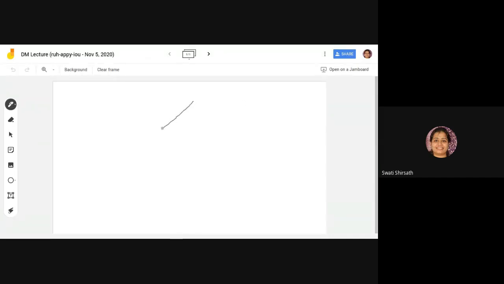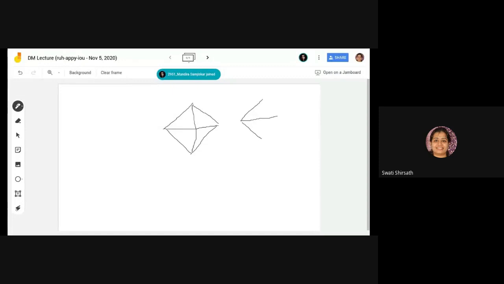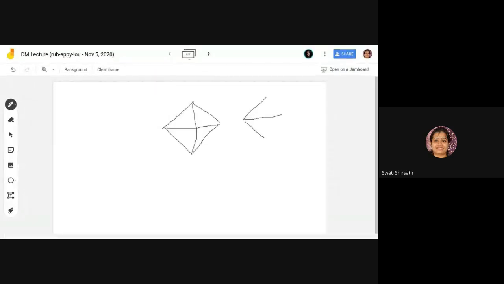Okay, this is our graph, and this is our tree. Is this the tree? Yes, that is our tree. There is some point over here, it is not a continuous edge.